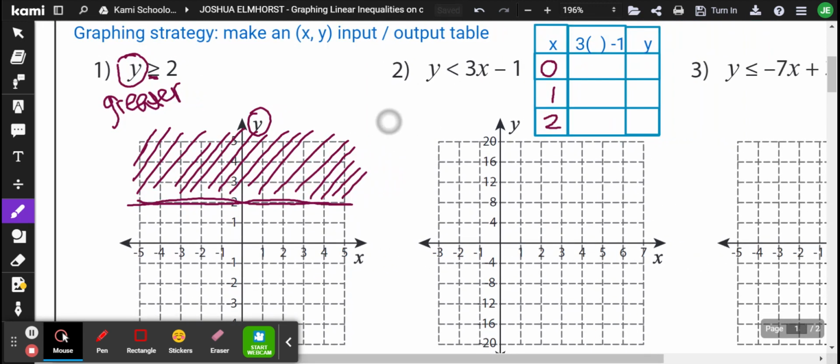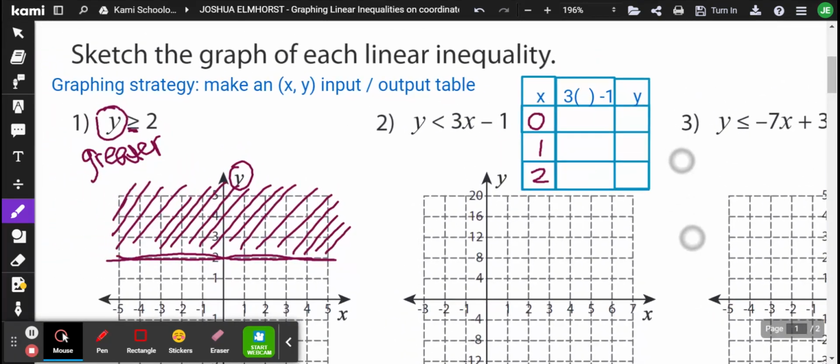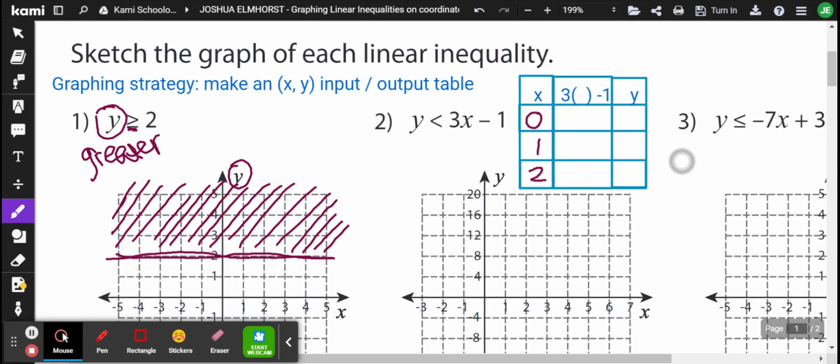So now we go to number 2. We're going to use this strategy. We're going to make an xy input-output table, and in the middle we can write the rule or the equation, and this will help us graph this inequality. So we start with 3 times x, so whatever x is, you multiply by 3, and then we subtract 1.